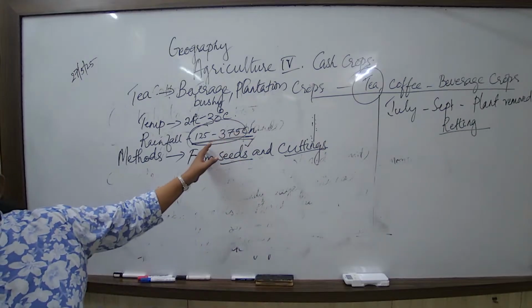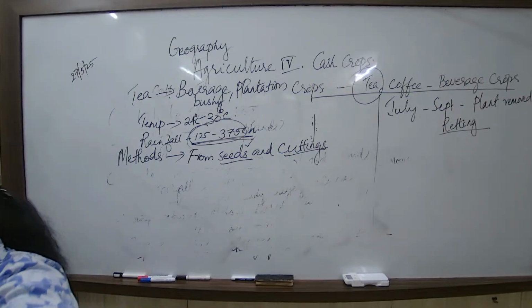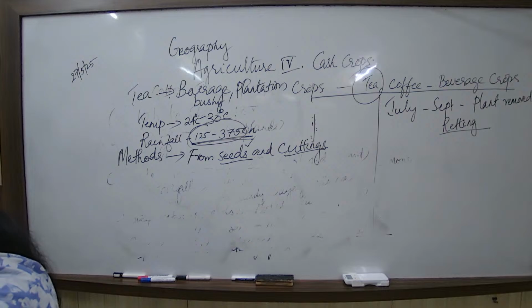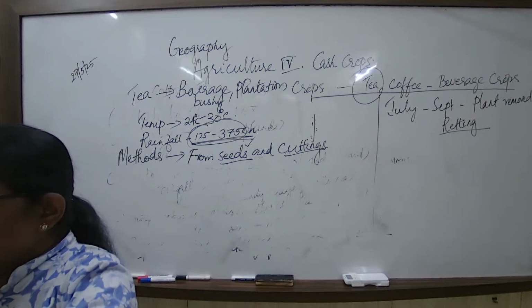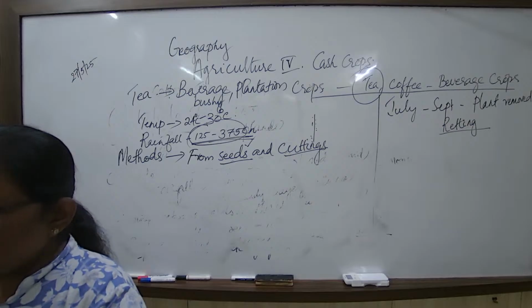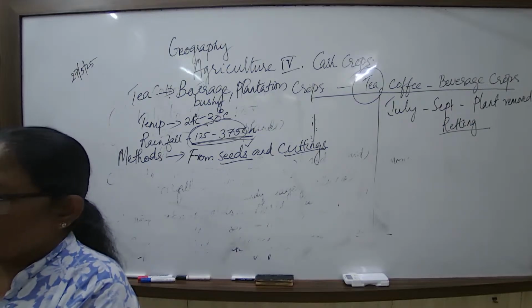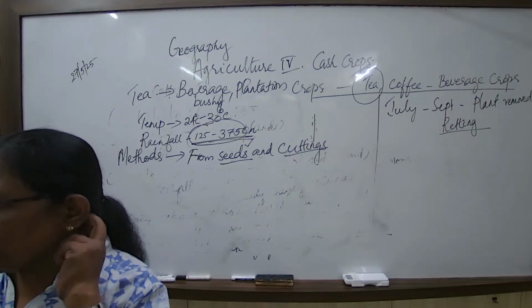See, compared to tea, it is a tree type. It is not allowed to grow so high because pruning is done to reduce that height, maintain the height, so that the beans can be harvested, because it is coming like a bunch and has to be removed.